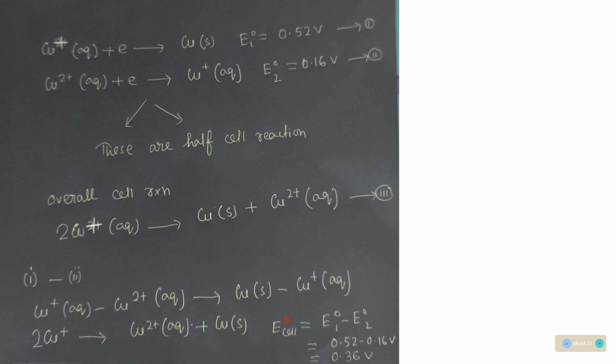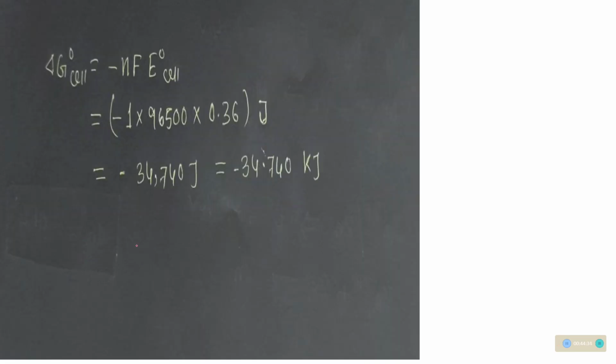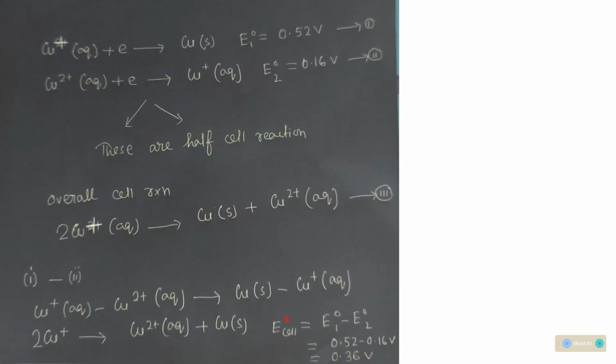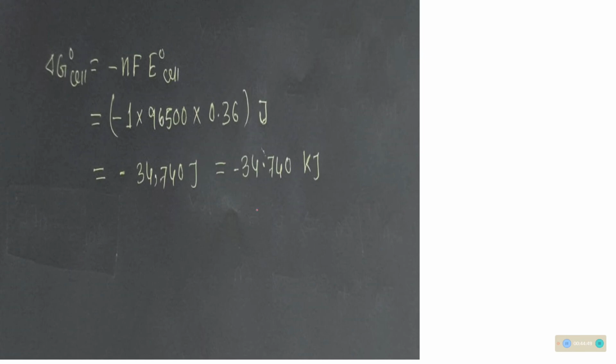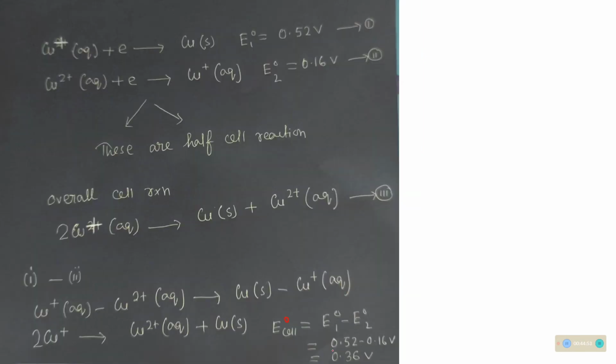We did subtraction of 2 from 1, so to obtain E0 cell you have to do the same thing, E01 minus E02. So we get 0.36 electron volt. We all know that del G0 is equal to minus nF E0 cell. Only one electron is involved in this overall reaction, so n is 1, F is 96500, and E0 cell is 0.36.